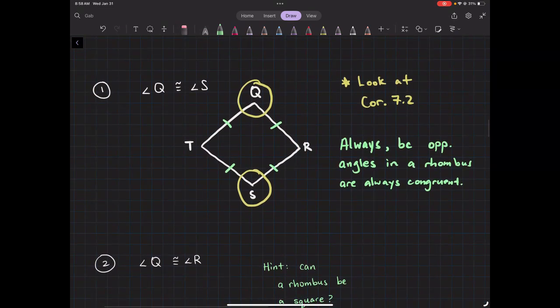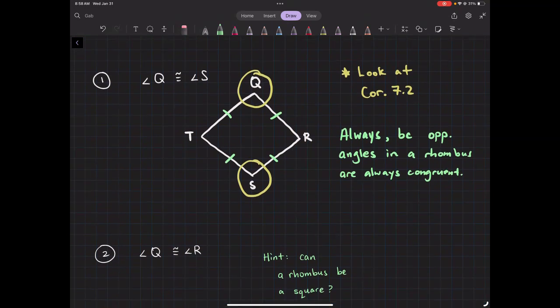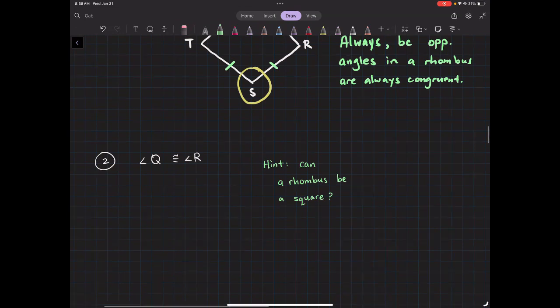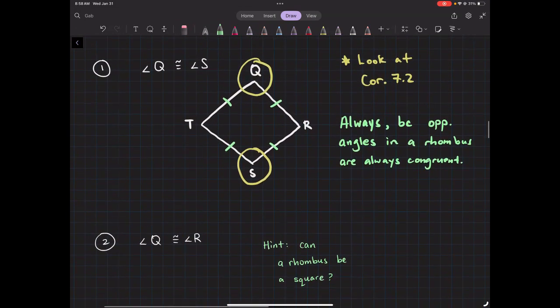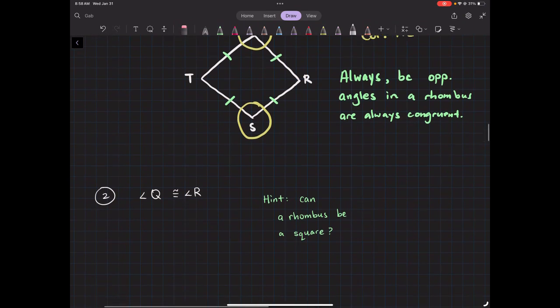You can draw it yourself, and then I will draw the same picture because I have a second example. Okay, so I'm gonna draw the same thing, and this time they're asking you to look at two different angles.